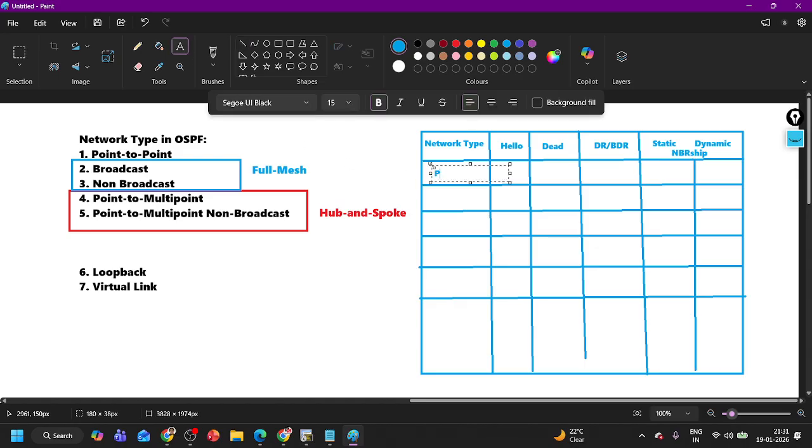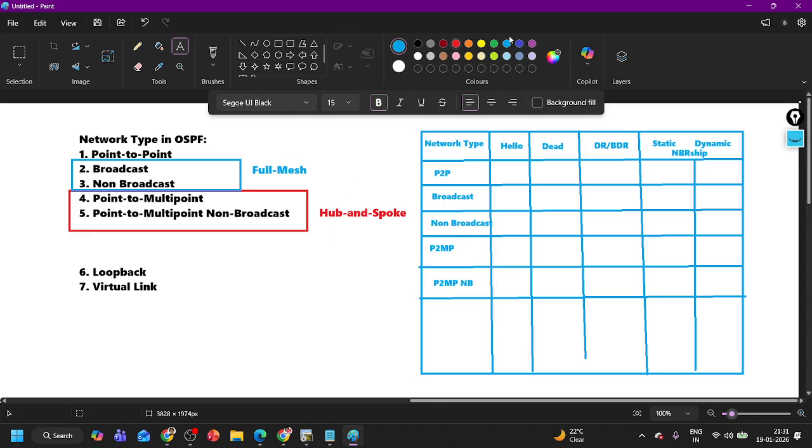P2P, point to point, broadcast, non-broadcast, point to multi-point, and point to multi-point non-broadcast.